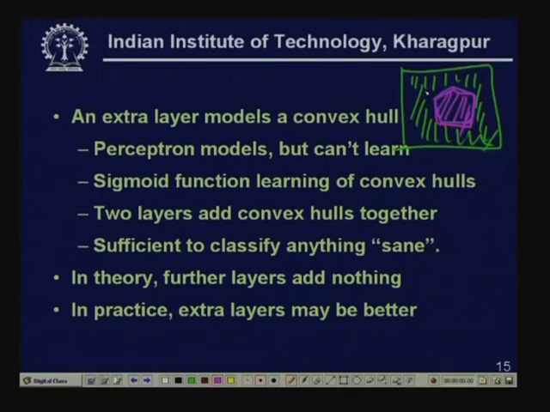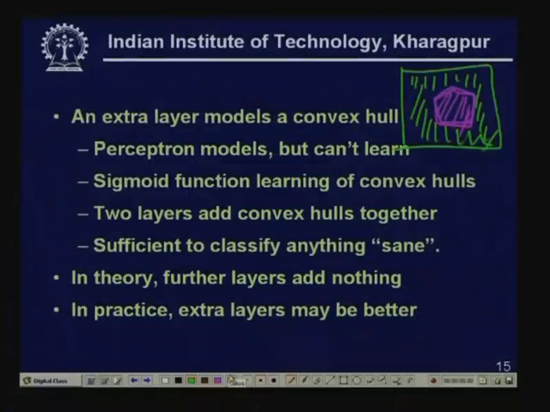Today we will look at the sigmoid function, which is differentiable and using which we can learn functions that can be represented by convex hulls. If we have a two-layered network, then we can learn a collection of convex hulls.